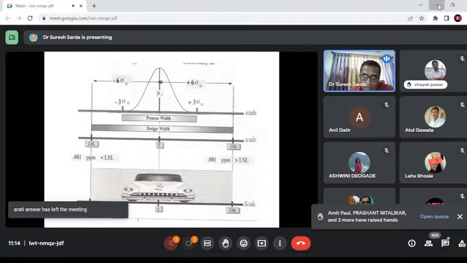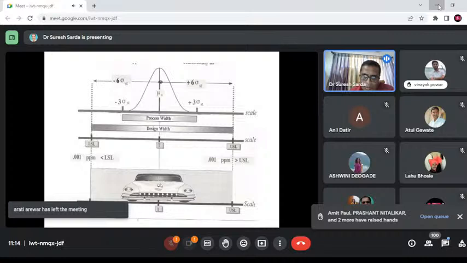Now DPM is simple mathematics, not very difficult. This is the number of defects, these are the number of units. You divide the defects by the units. But before that, I will tell you there was a very interesting concept in Six Sigma, known as DPMO, defects per million opportunities.